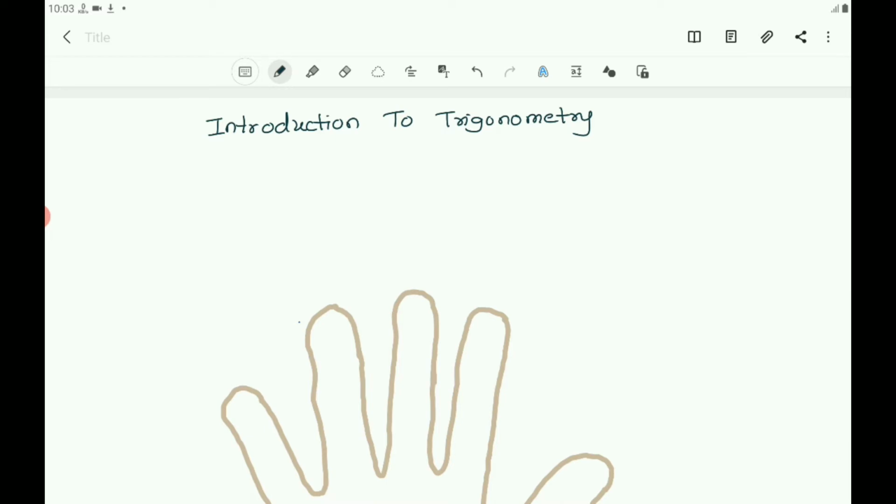Now, let us find the trick for the trigonometric ratios, that is about sine 0 degree, 30 degree, 45 degree, 60 degree, 90 degree, and cos 0 degree, 30 degree, 45 degree, 60 degree, 90 degree.